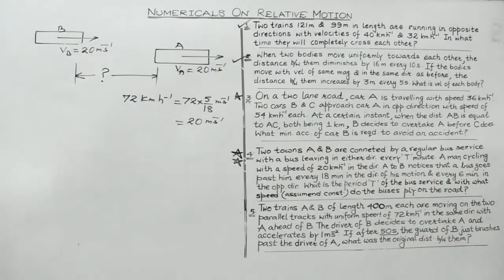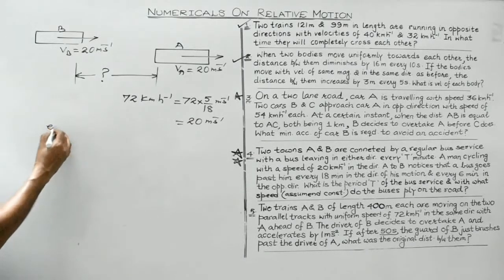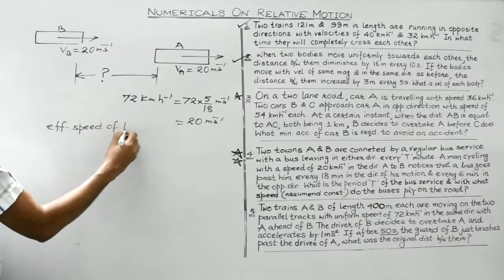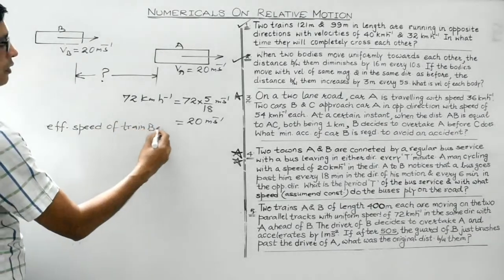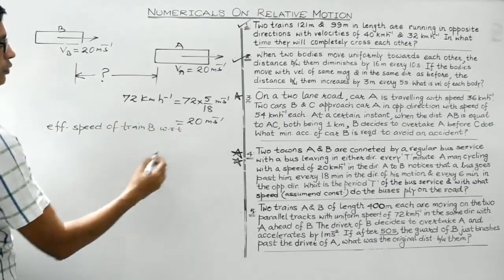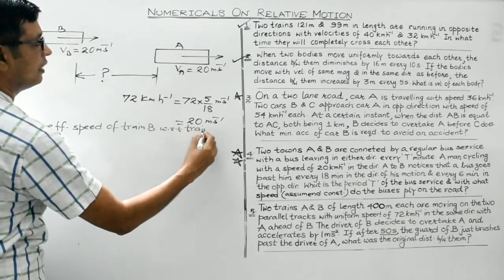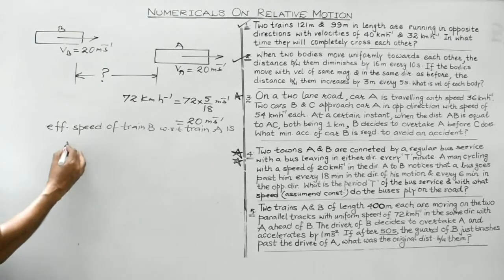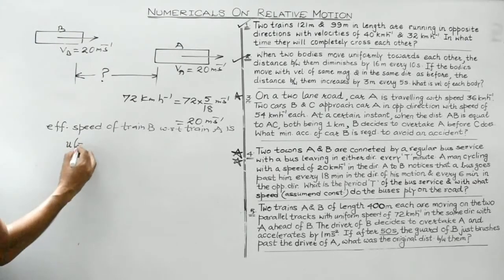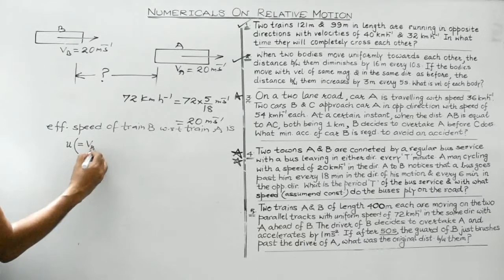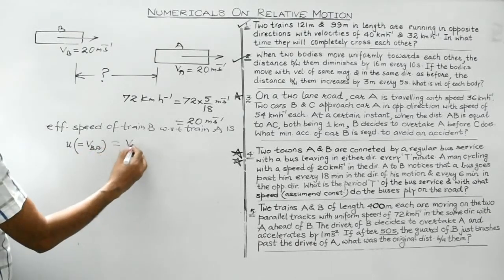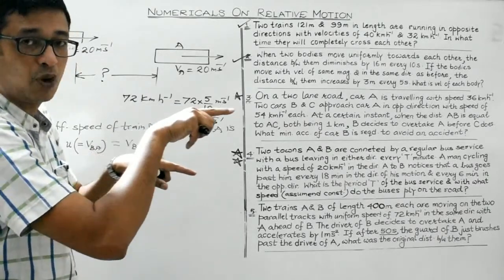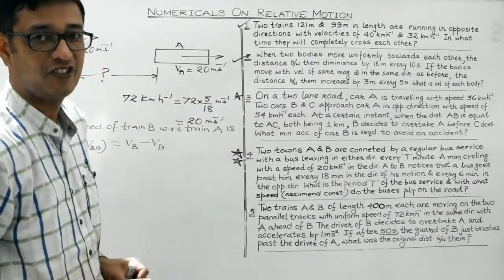So effective speed of train B with respect to train A is given by, which will be its initial speed of train B. It can be written as VBA. It is equal to VB minus VA, since both the independent bodies are moving in the same direction, right?